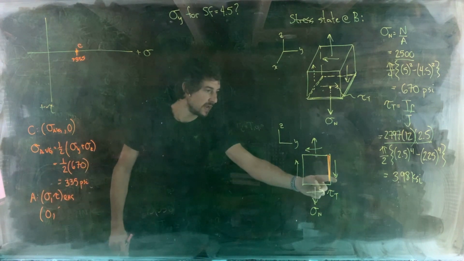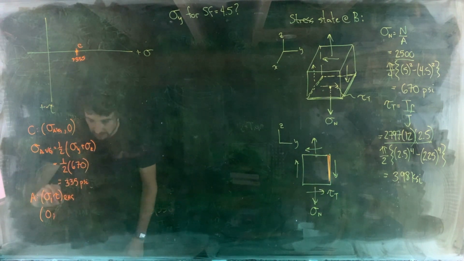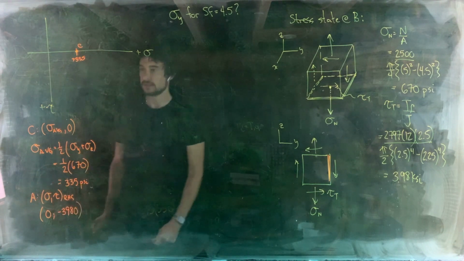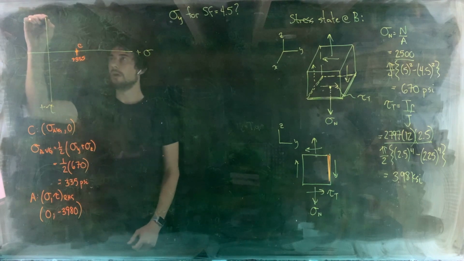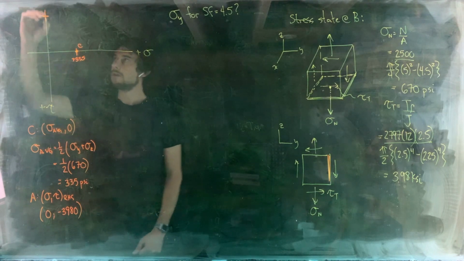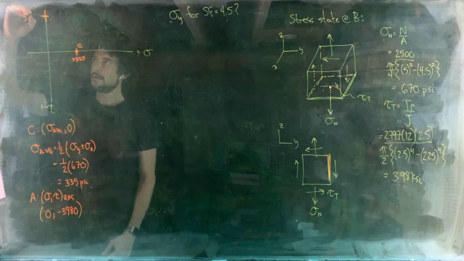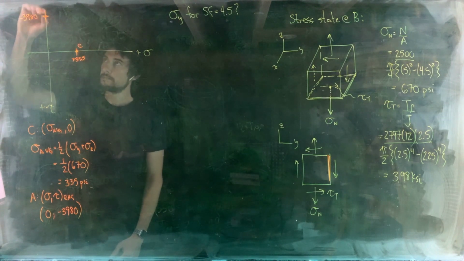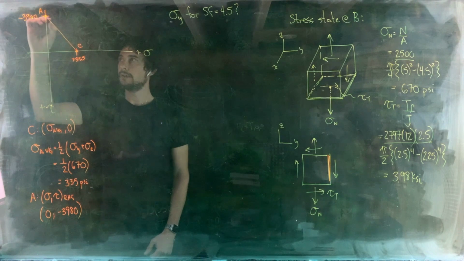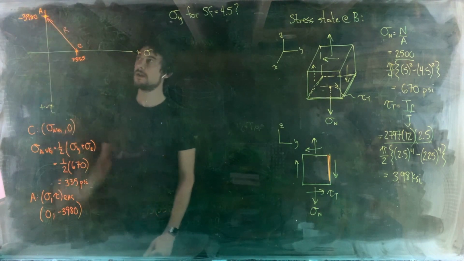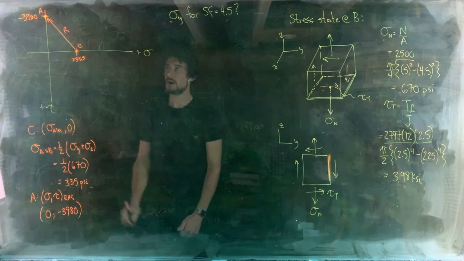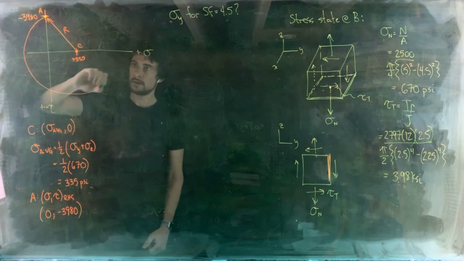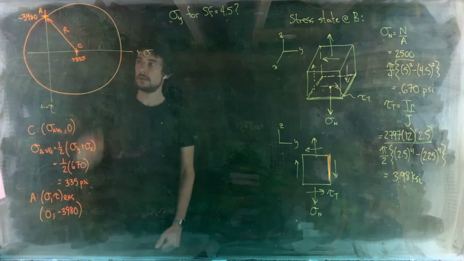And that's downwards, so it needs to be a negative 3,980 psi. So we're going up here to 3,980, and this is point A up there. So the radius extends from C to A. There's our circle of radius R. So we can sketch this out. There we go.